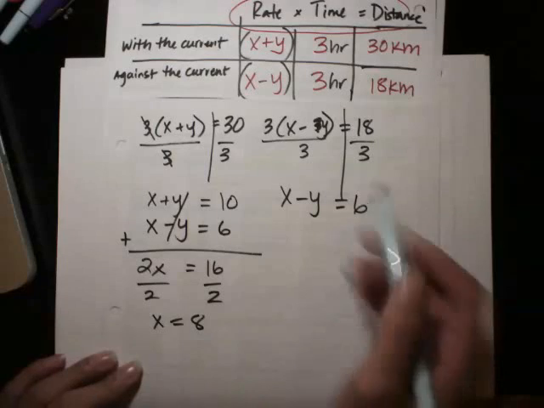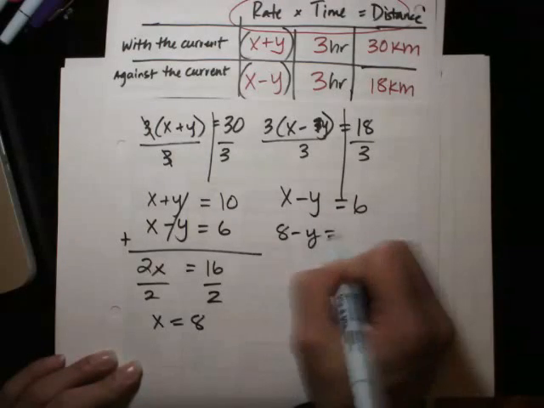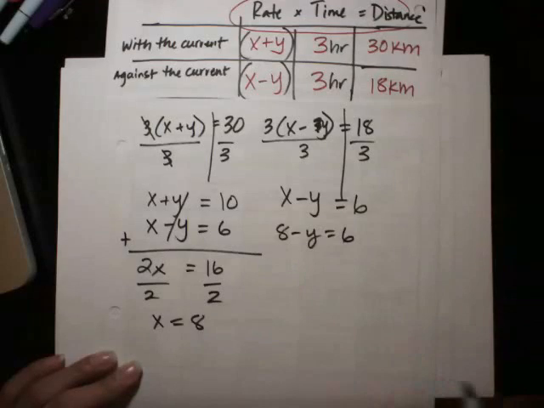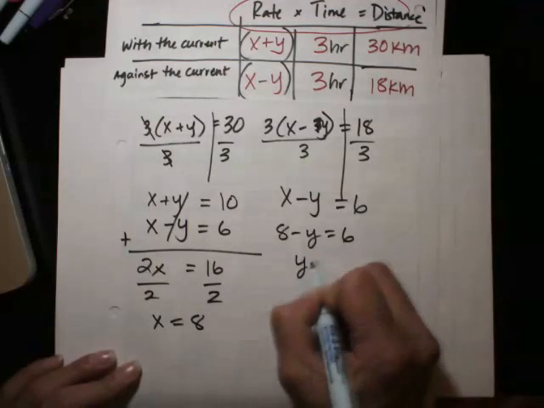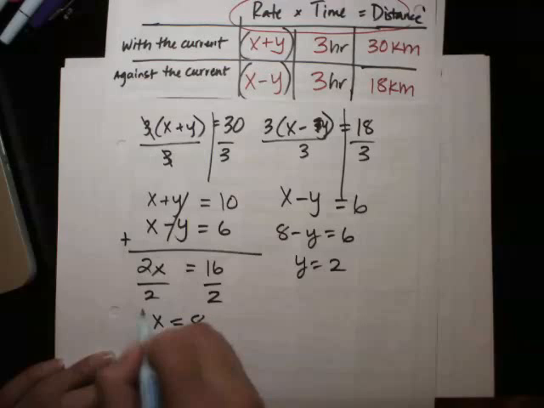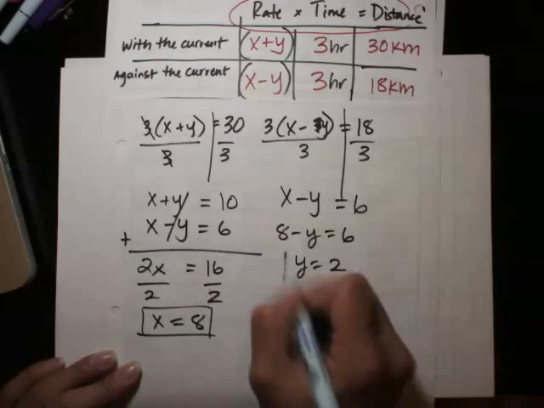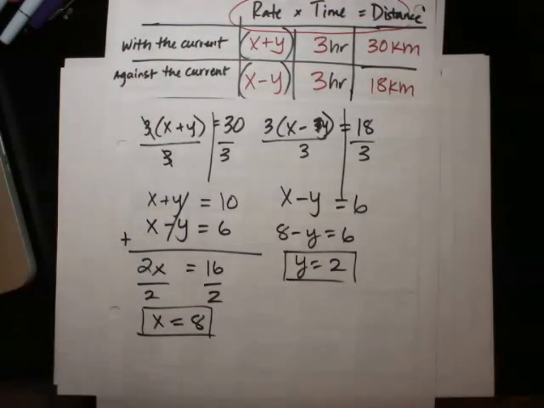I'm going to substitute in: 8 minus y will be equal to 6. Well, 8 minus what number equals 6? Y must be 2. So I have x equal to 8, y equal to 2. And if you remember, x represents the value we had set for the rate of the swimmer, or the rate of the boat.